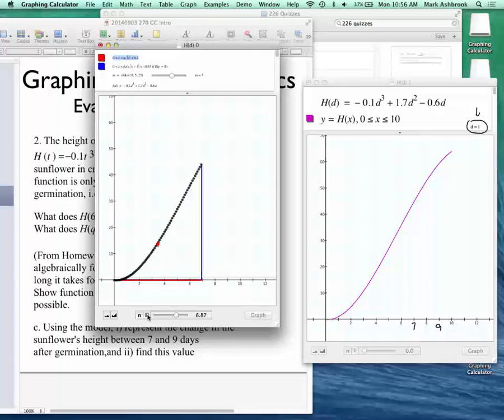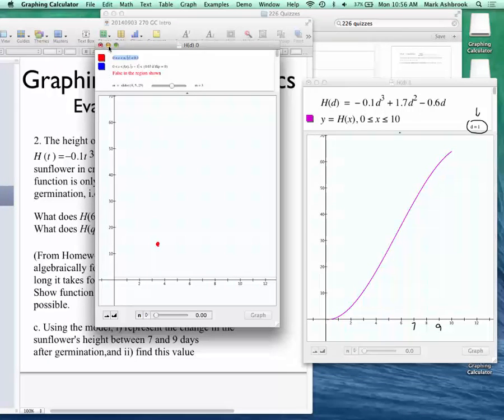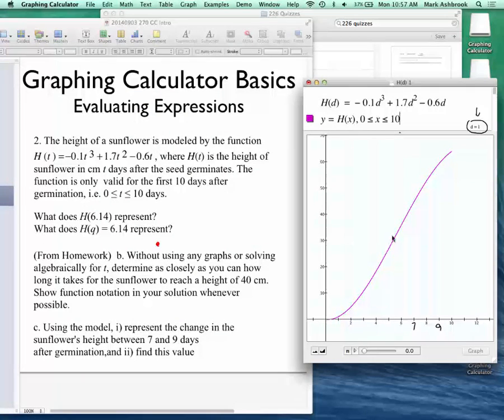Okay, so now back to our part C. And we're looking at the change in height from when the days change from 7 to 9 days. Okay, so how is the height at 7 days represented by this graph?